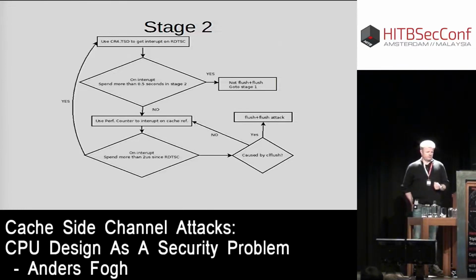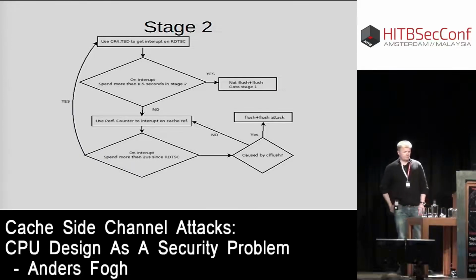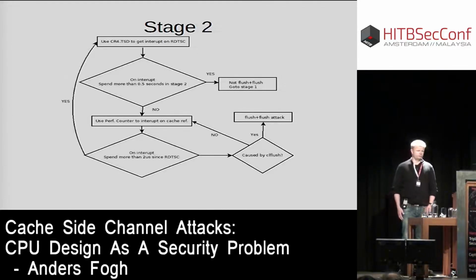If, however, it was fast enough after the RDTSC instruction, we'll use the interrupt stack frame to find out where in memory the instruction that caused the cache reference was placed, and we'll read memory there to check if it's a CLFLUSH instruction. Obviously, if it was a CLFLUSH instruction, we will assume that this is a Flush+Flush attack. And that is a pretty fair assumption given that RDTSC instructions are rare and CLFLUSH instructions are really, really rare.